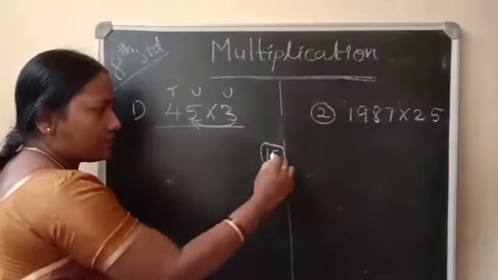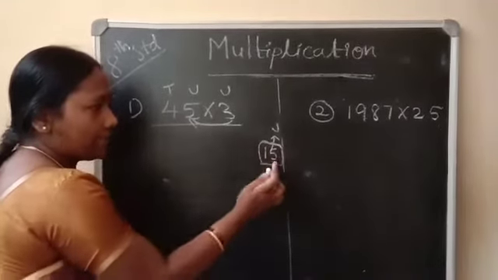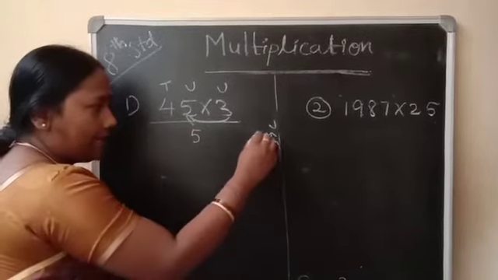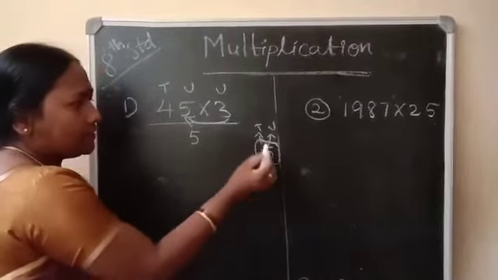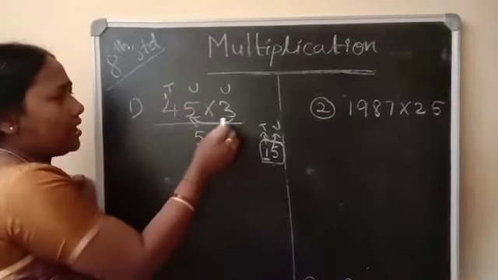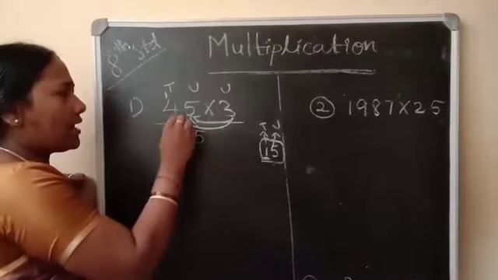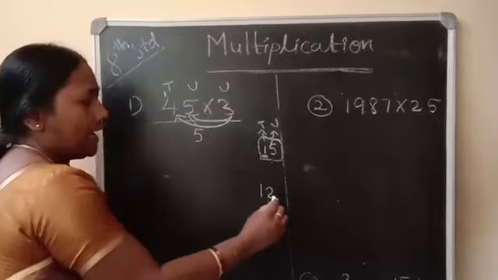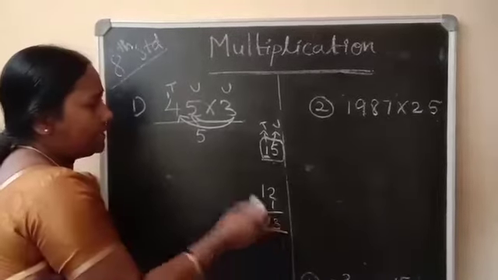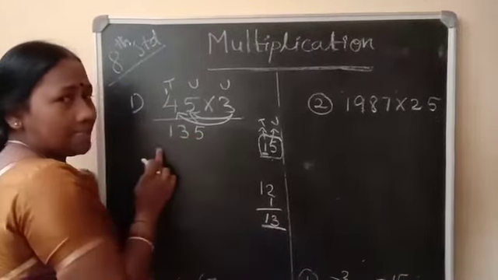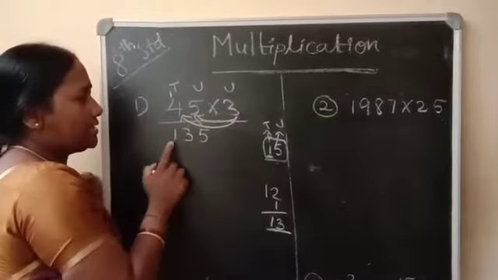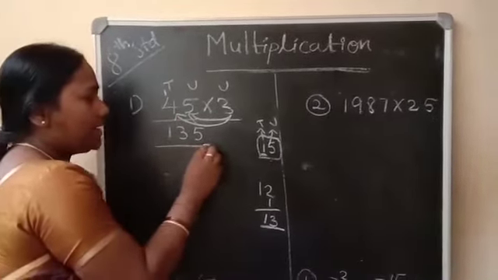In this 15 also, 5 is there in unit place, so write it here in unit place. 1 is there in tens place, so this 1 carry here on tens place. Now, 3 4s are 12, and carry is 1. 12 plus 1 is 13. So write this full number, that is 13. So here your answer is 45 into 3 is 135.